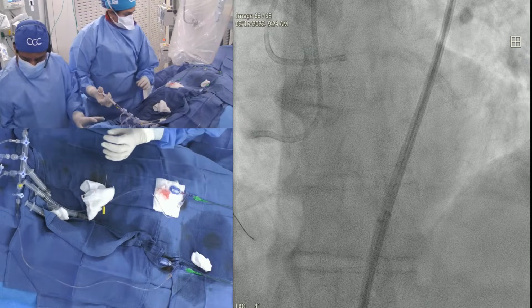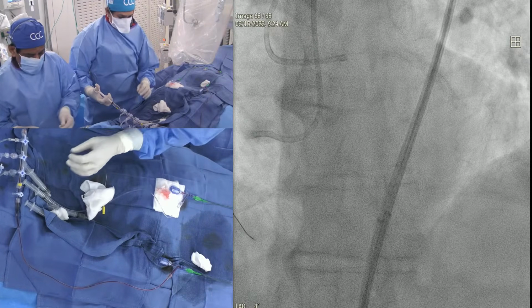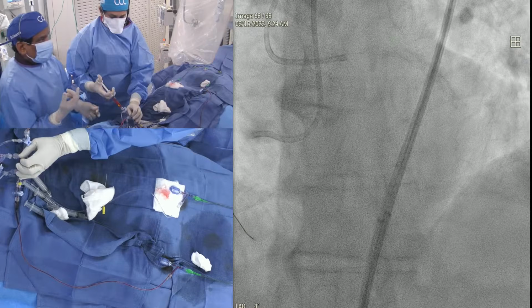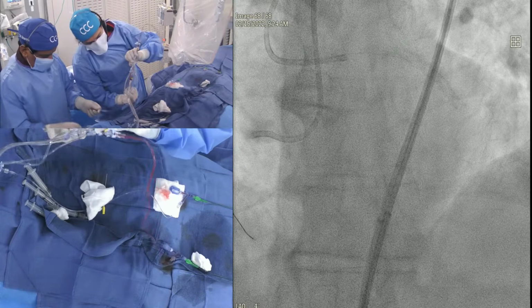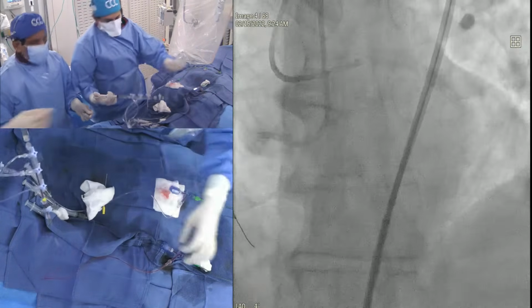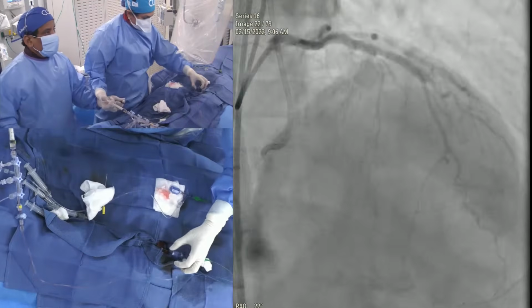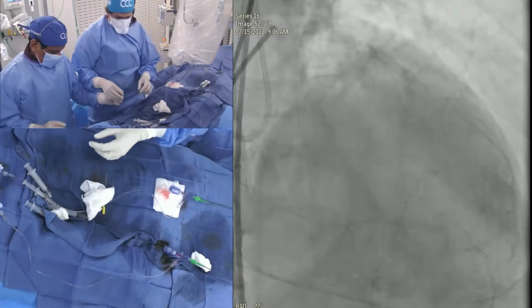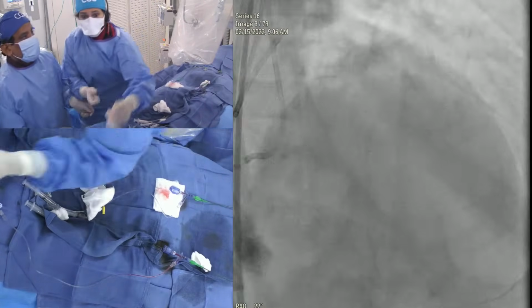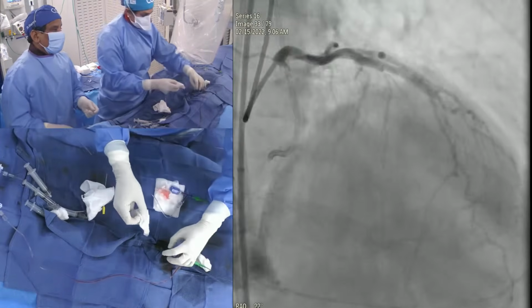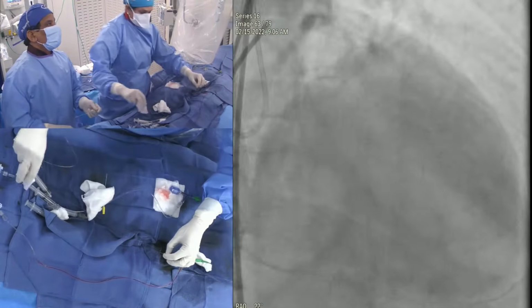Okay, let's get a balloon. We go back to the same caudal view. Cranial actually here. Let's go to cranial view, RAO 22, cranial 25.